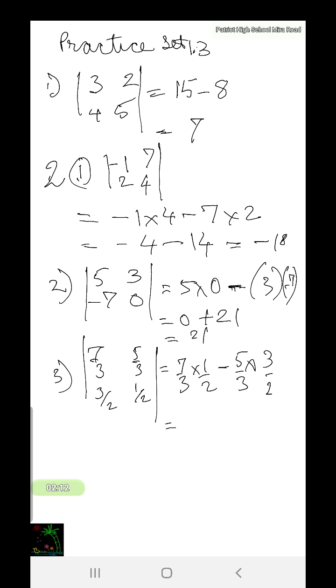So this will be 7 upon 6 minus 15 upon 6. This will be minus 8 upon 6, which is nothing but minus 4 upon 3.